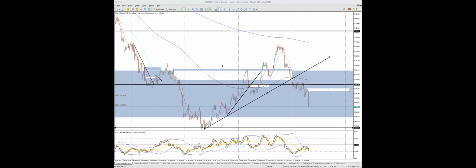So we're just going to check C3 now. Okay, C3, daily. You can see we have a zone here, and a zone here. It was retested two times.